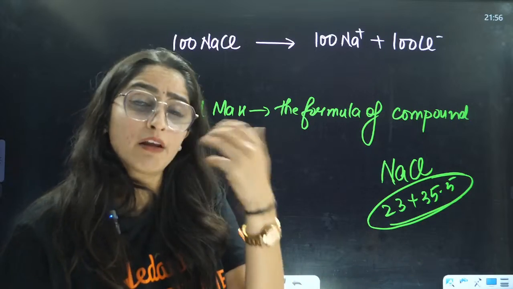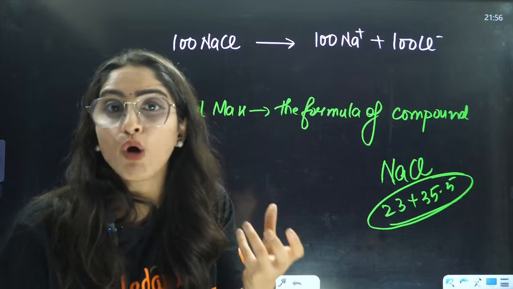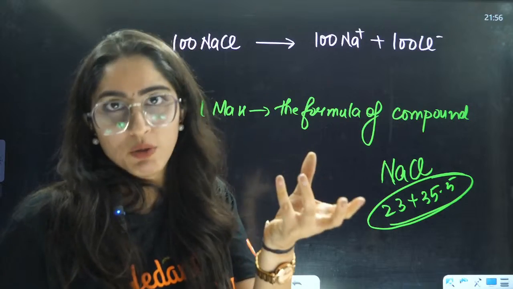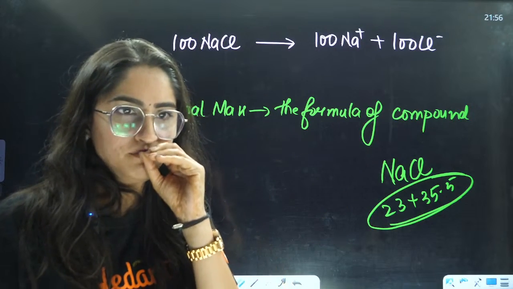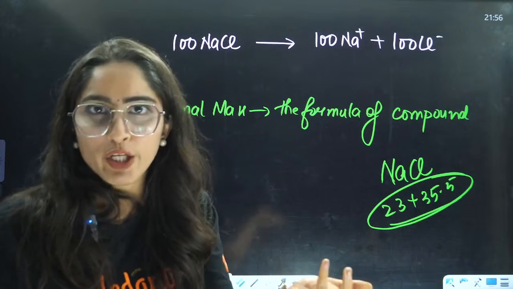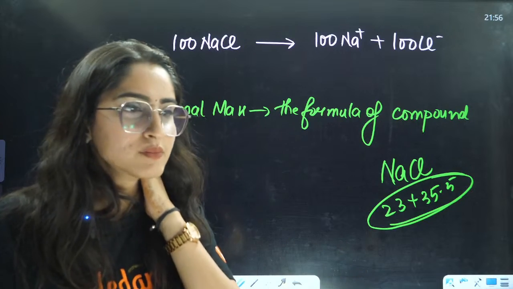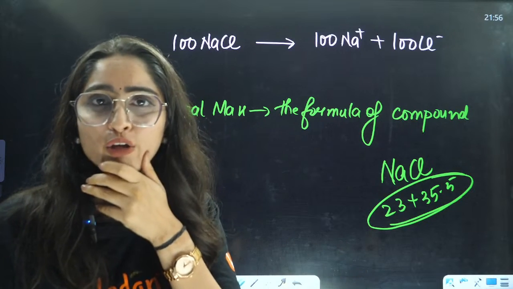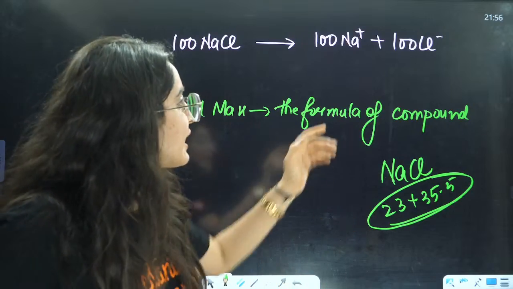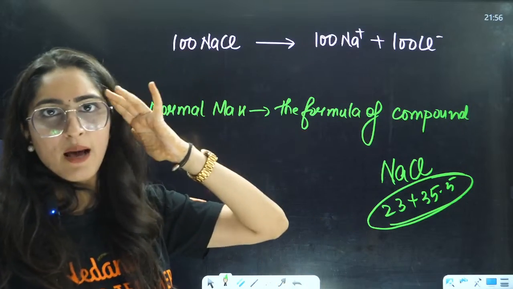If you want to talk about one molecule, that means 1 molecule is going to give me the mass of 1 molecule, right? I'll think about that as my molecular mass. But here they are saying that dissociation has happened.